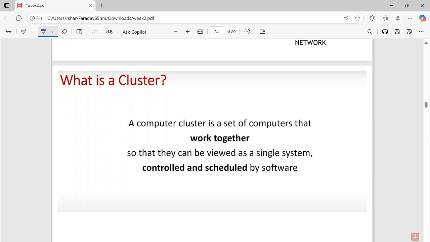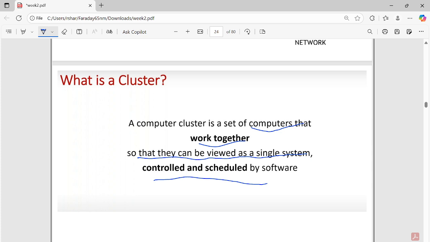Next, what is a cluster? The definition of a cluster is: a computer cluster is a set of computer nodes that work together, and it may be viewed as a single system if required, like trying to solve the first problem, which is to run large models across all of them, with scheduling and control.